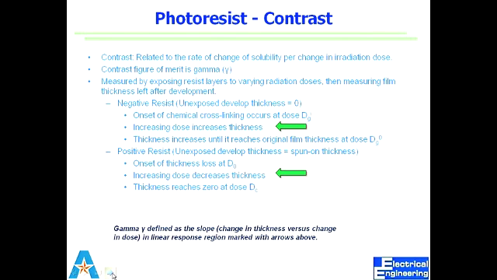So in case of negative resist, what is unexposed, that is thickness 0. So at the start, it is 0 thickness. As the cross-linking occurs, our thickness increases with the dose.